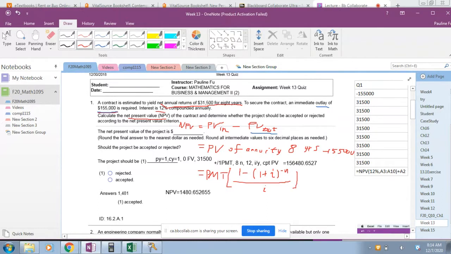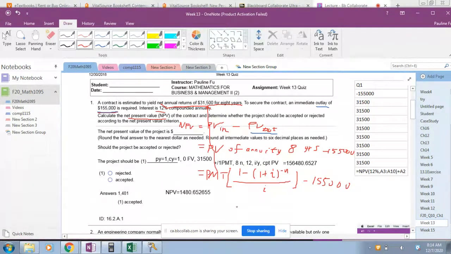And i is 12%, n is 8, PMT is 31,500. So you have every number in this formula. Then you plug in, you can get the present value of the annuity. Okay. So this is the formula method.